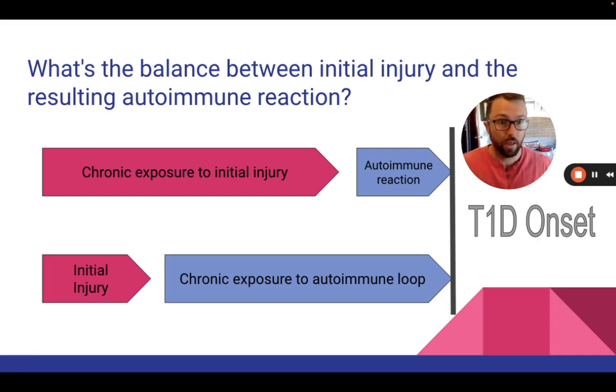And just like with the graph before, there's any number of differences between that top line where it's almost all initial injury and short autoimmune versus the bottom, which is a short initial injury, long autoimmune. It could be half and half. It could be any combination, but this is going to impact how we approach healing.